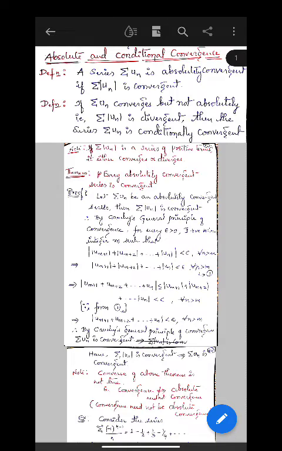Absolute value means we need to consider the modulus. We need to apply modulus to the series. If you apply the modulus, then we are ignoring what? Negative values. We are combining it, right?